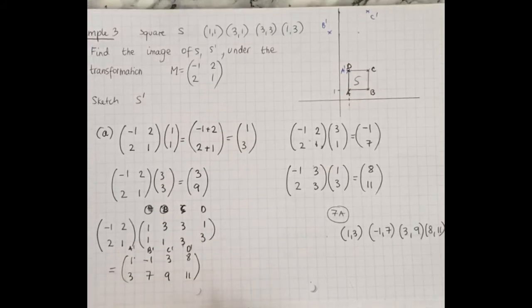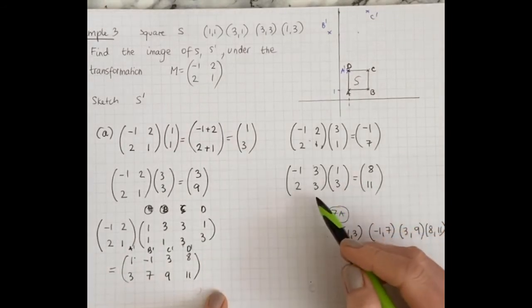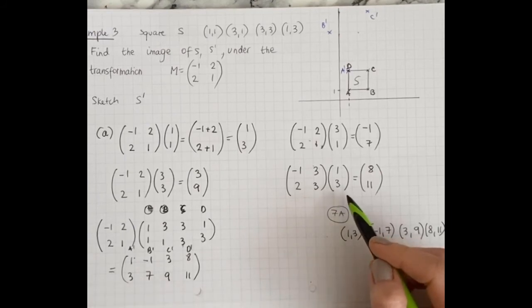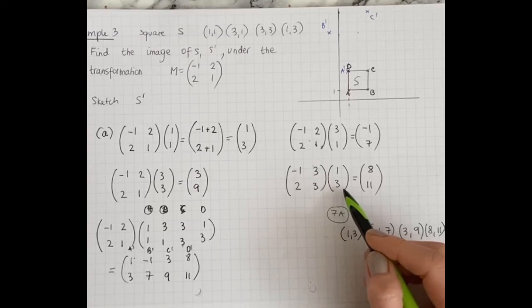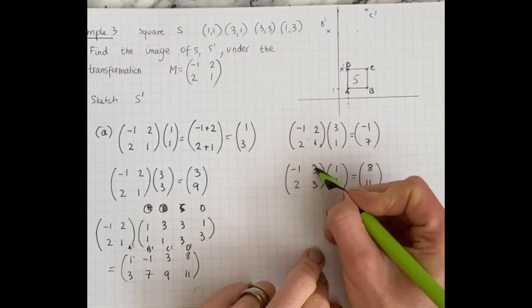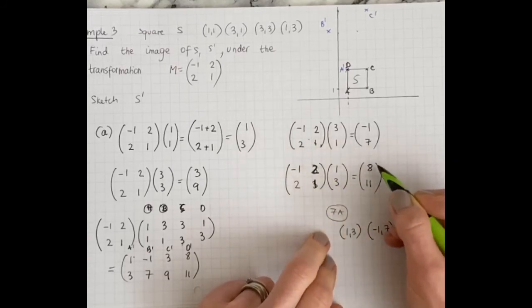Have I done 11? Okay, let me just double check. Okay, I do apologize. I've copied this matrix incorrectly. That's why the last point is incorrect.